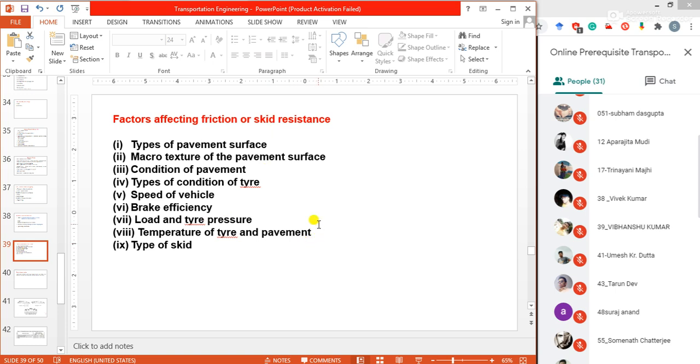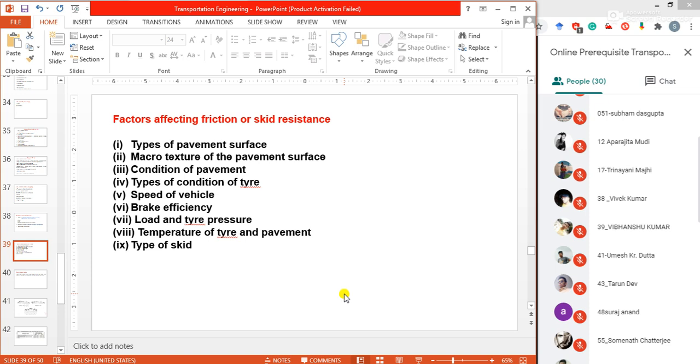Again, I am repeating, the coefficient of friction and skid resistance are the same thing. Somewhere it is called coefficient of friction, somewhere it may be called skid resistance. So the maximum friction offered by the pavement surface, or the skid resistance, depends upon these factors.